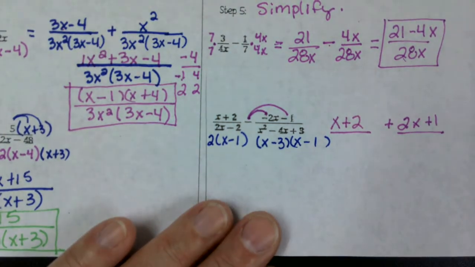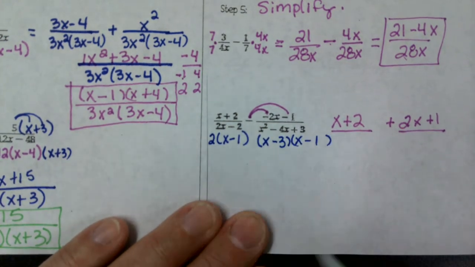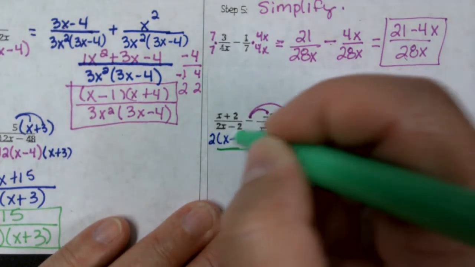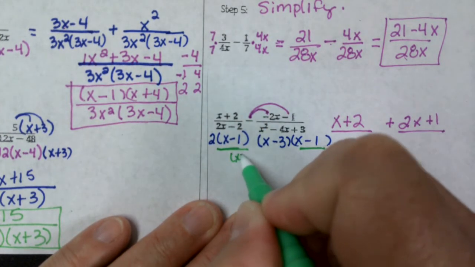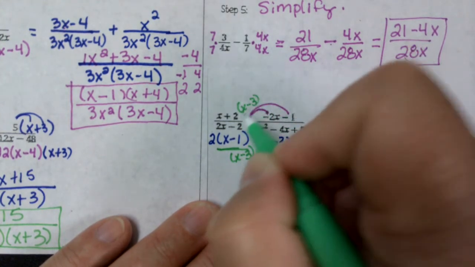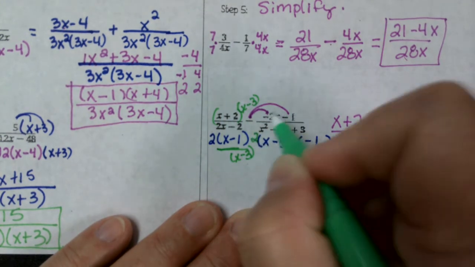And now I need to find my common denominator. So they both have an x minus 1, which means this one over here needs an x minus 3. And this one over here needs a 2.